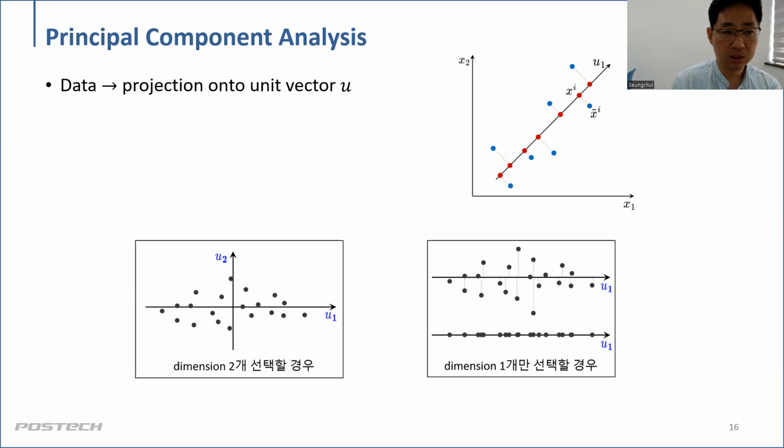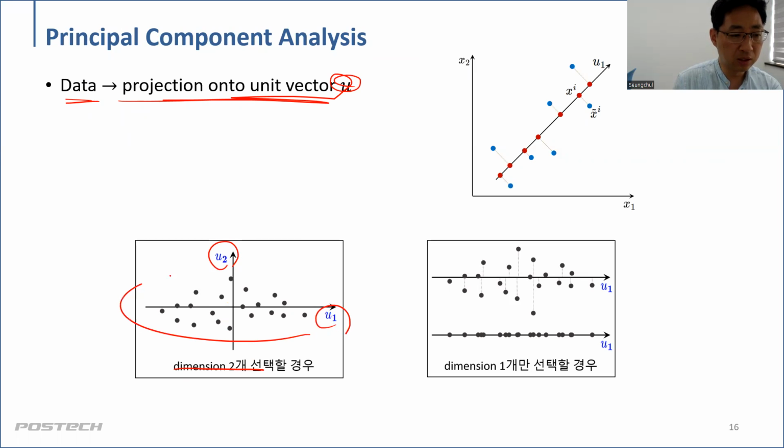Okay, see, the data is projected onto the unit vector U. This is in two-dimensional space, the original data set, and you make projections onto U1.